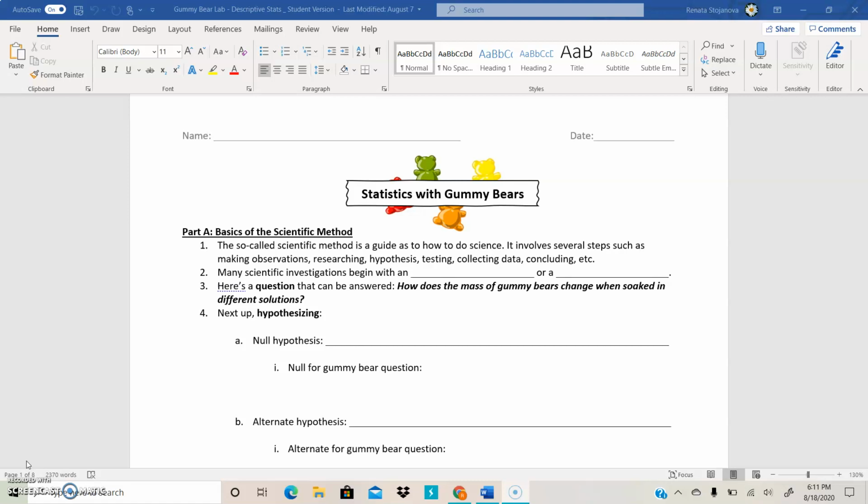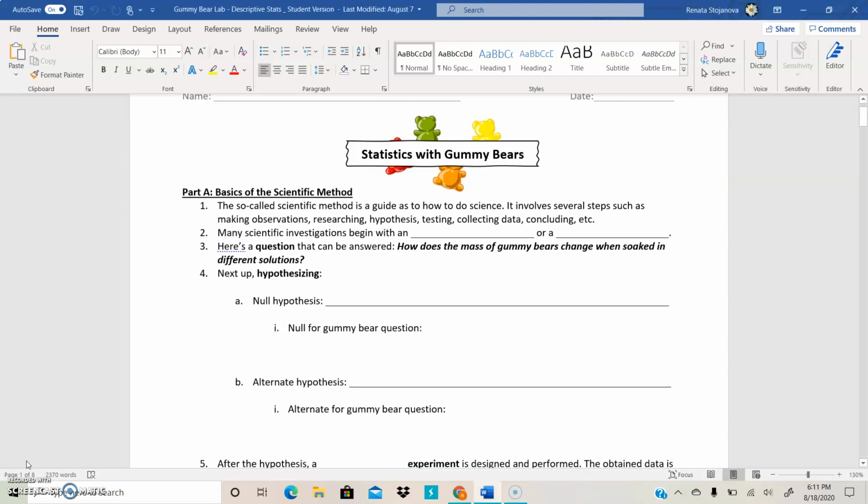For example, here's a question that we can look at. How does the mass of gummy bears change when soaked in different solutions? Okay, so if that is your question, you might initially research it a bit and then you can at that point continue to hypothesize as to what the answer to the question in this case could be.